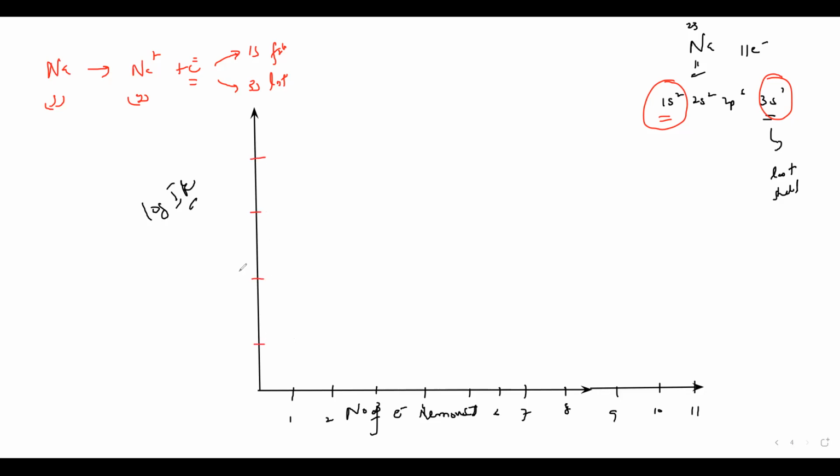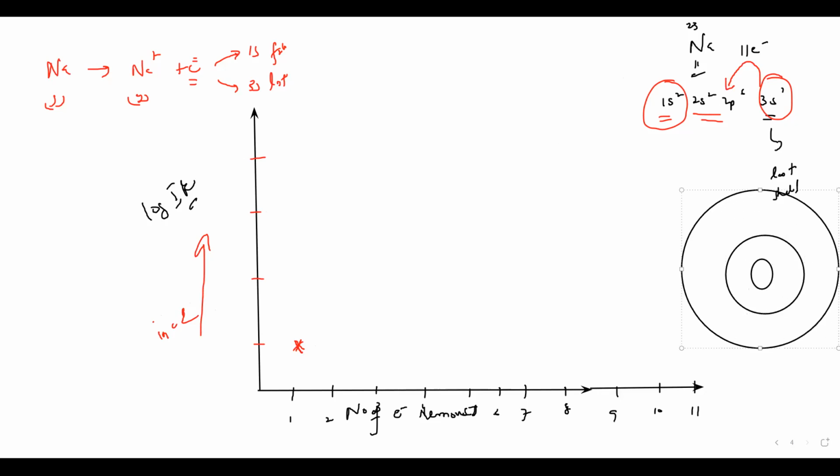These can be any numbers. Here the energy is increasing. To remove the first electron, we need less energy. So this electron is removed from 3s. Then the electron is removed from 2p. In terms of shells, you will have the first shell, then the second shell, and then the third shell.